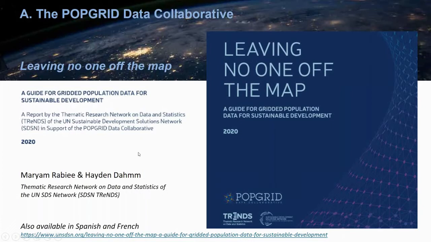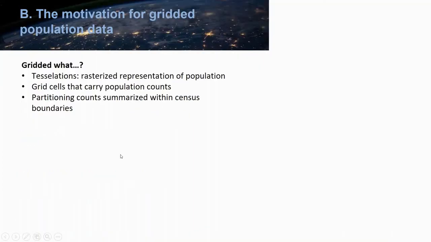We recommend this for a quick information source, Leaving No One Off the Map, a guide for gridded population data for sustainable development. It describes the most important or central data products that we are talking about today, as well as some methodological basics, how these data are created and what the typical target applications could be and have been.